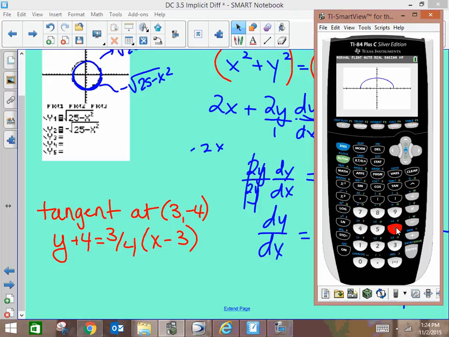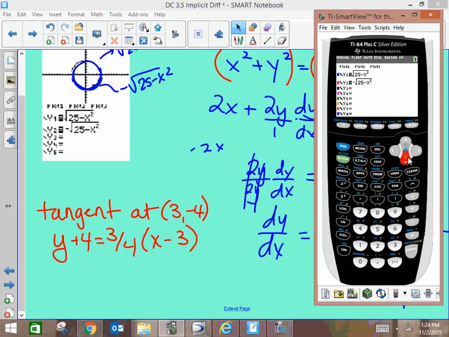It's not very circular, so let's do a square window. Let me put the top one in. Now that's my bottom one, negative radical 25 minus x squared. And then I'm going to put my tangent line in, so negative 4.